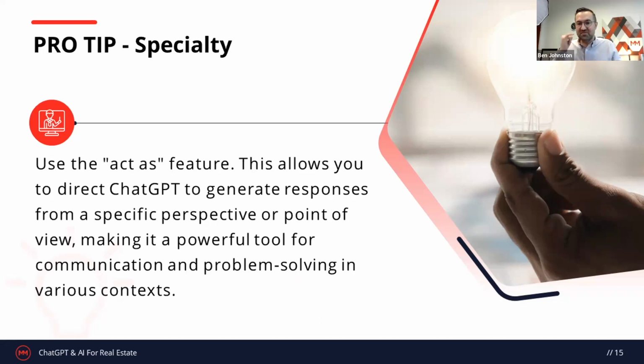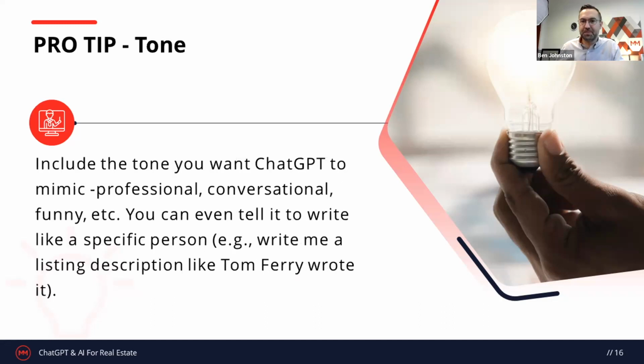So it can take different points of view, providing information and advice related to buying, selling, and renting properties. This can be a useful tool for brainstorming, role-playing scenarios, or exploring different perspectives on real estate related issues. You can also include the tone that you want ChatGPT to mimic.